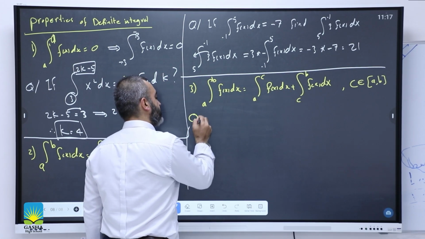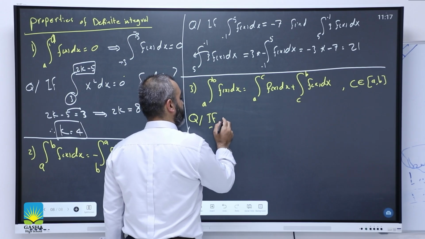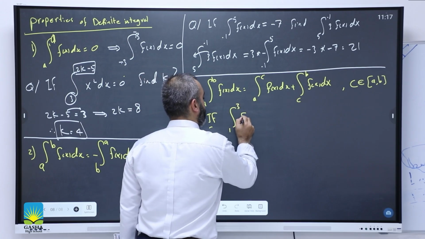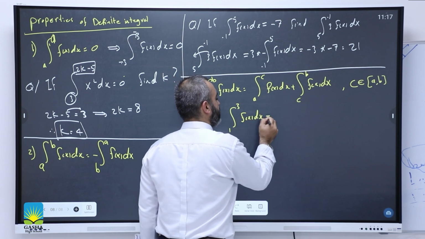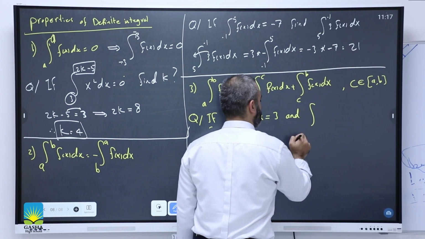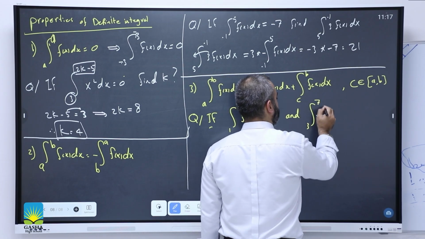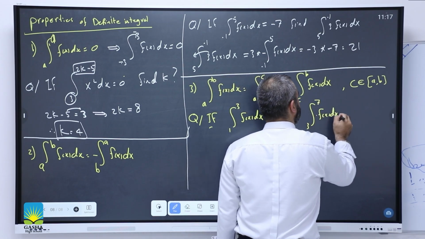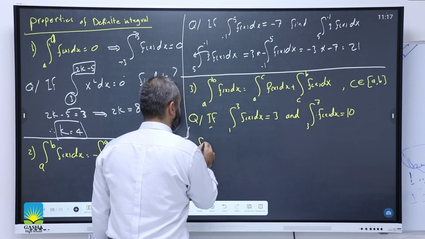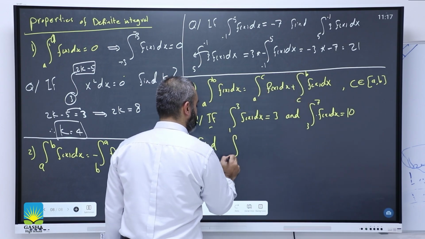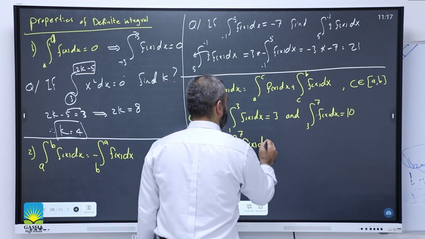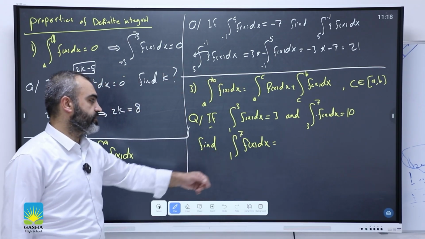Like this example: if the integral from 1 to 3 of f of x dx equals 3, and the integral from 3 to 7 of f of x dx equals 10, find the integral from 1 to 7 of f of x dx. How to find this?